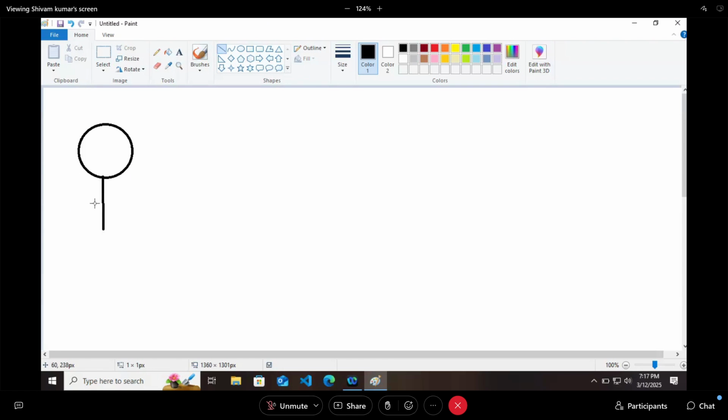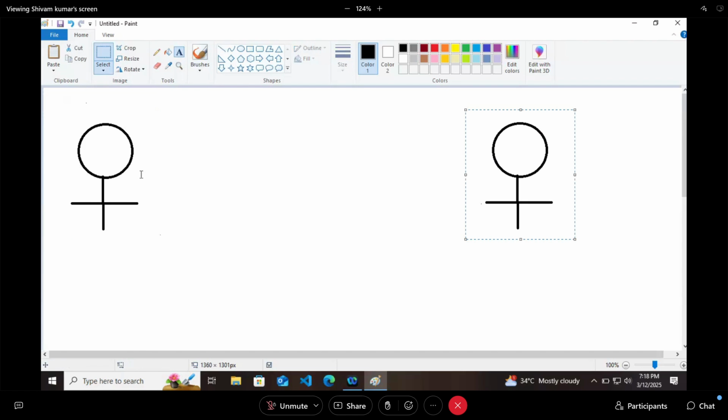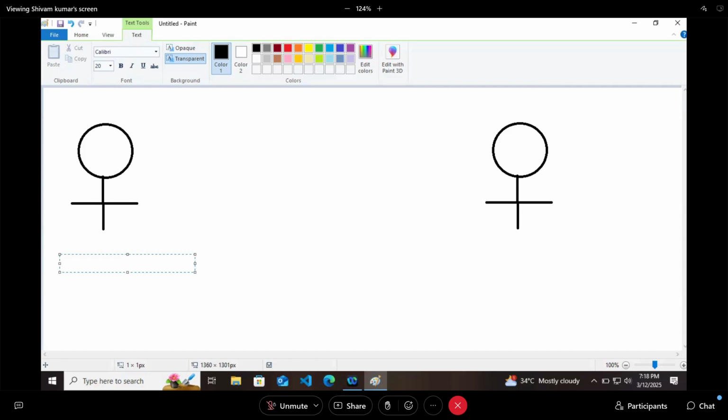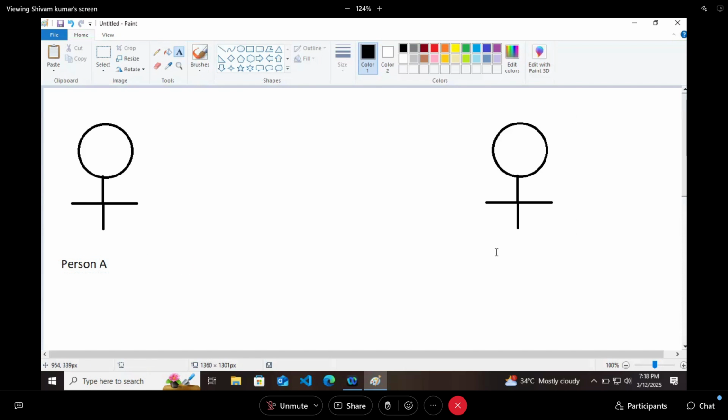Now what this user is doing, this user is using an application built over Spring Boot, front end anywhere, doesn't matter. Now this is person A, and this is person B. They are using an application built using Spring Boot.